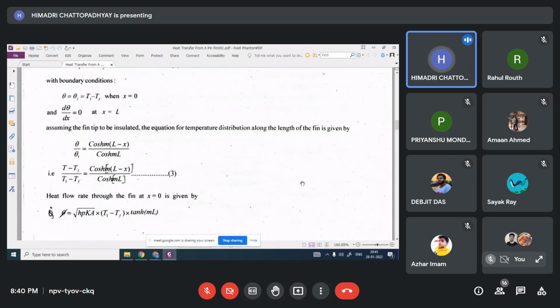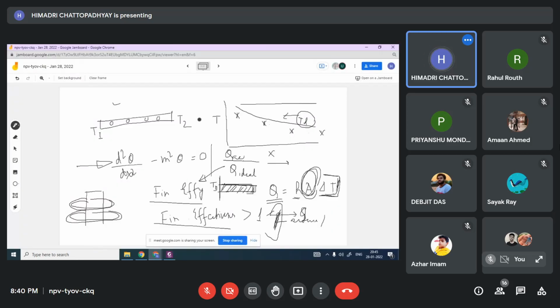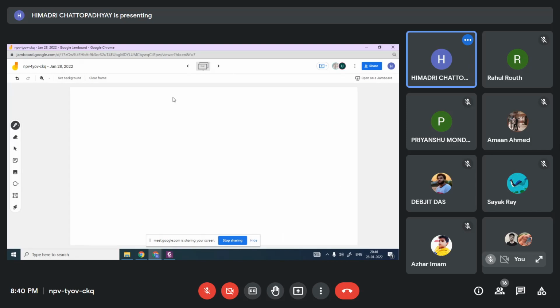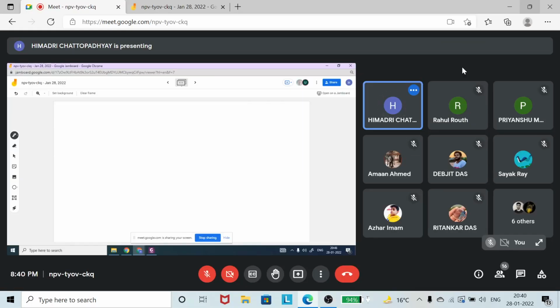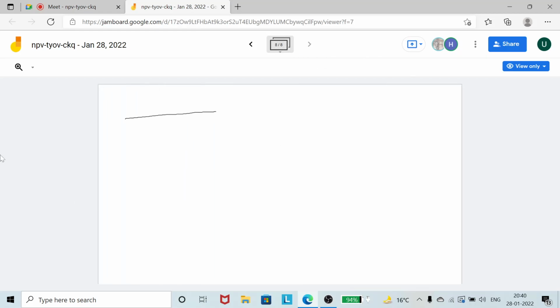So the heat transfer coefficient, again I am writing this just to, I need a fresh pen. I need to theoretically calculate the distribution of temperature here. So I need to calculate m, which is root over hP by kA.